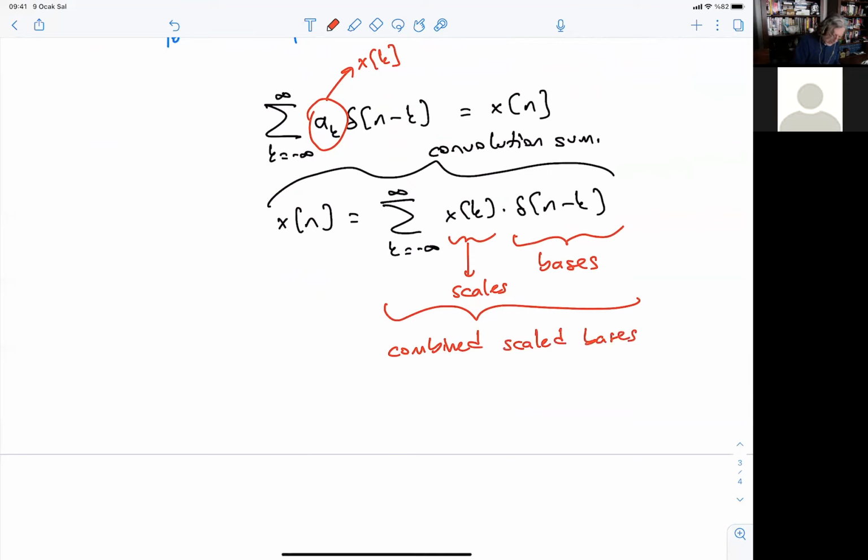So it's something like having x1 and x2 to be equal to x1 times (1, 0) plus x2 times (0, 1). So instead of saying it as x1, x2, or instead of saying it as x of n, I'm writing it as x of 0 times delta of n, which is the first basis vector, and x of 0 is the first element that we have, plus the second element times the second basis, etc. That's a basis expansion that I'm making.